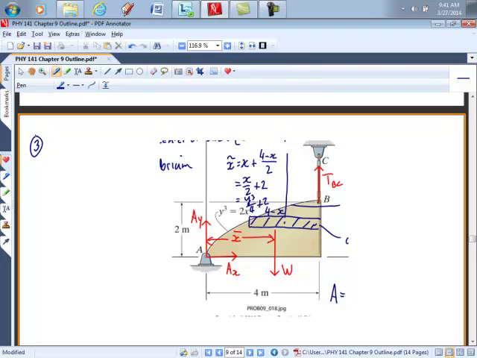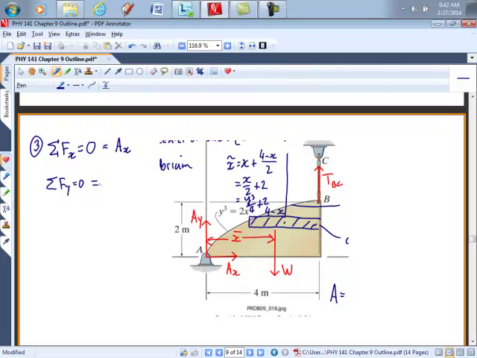So our equations of equilibrium, first of all, net force in the x direction is only Ax again. So that component of the pin support is 0. Net force in the y direction equals 0.